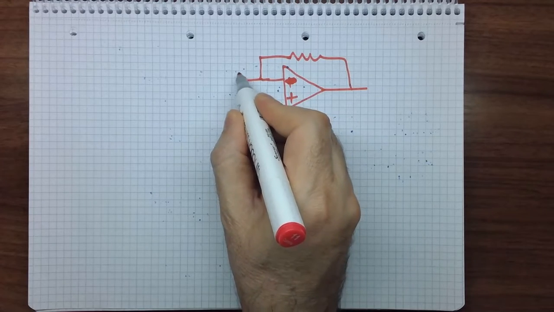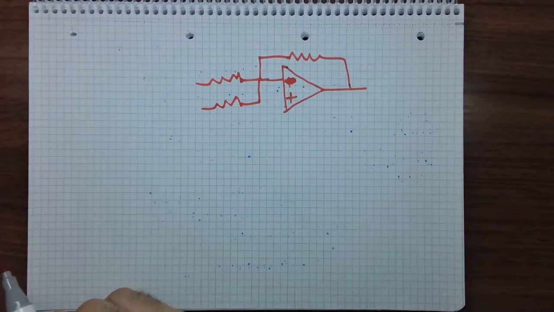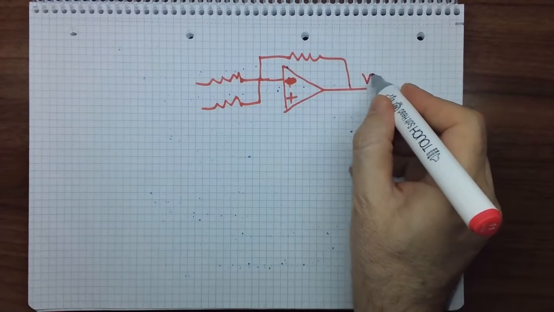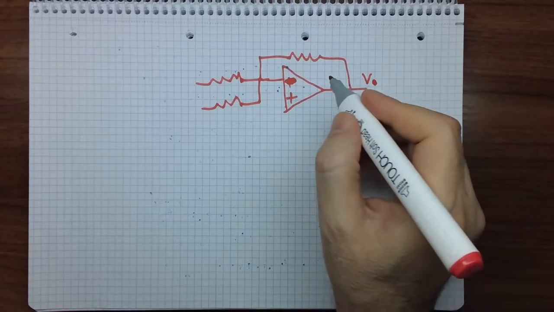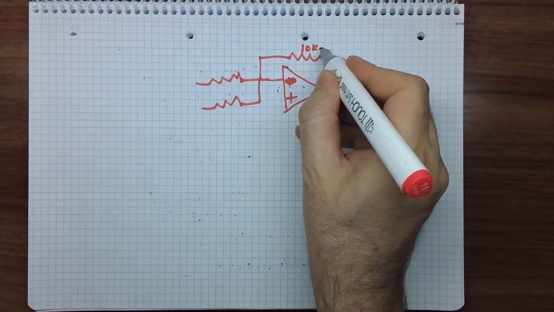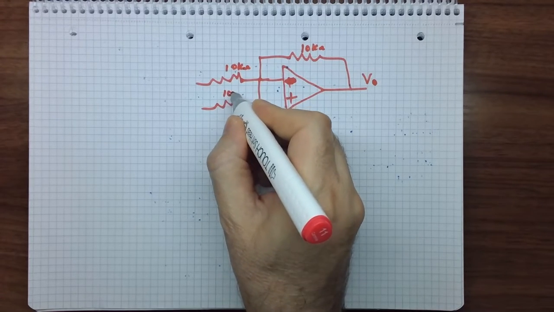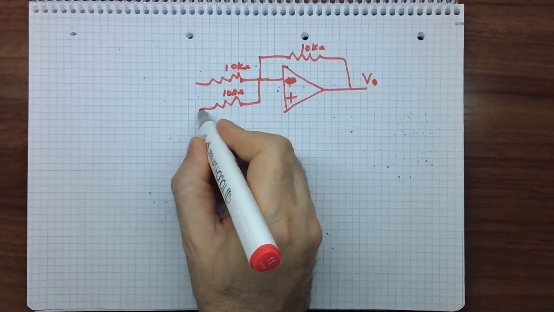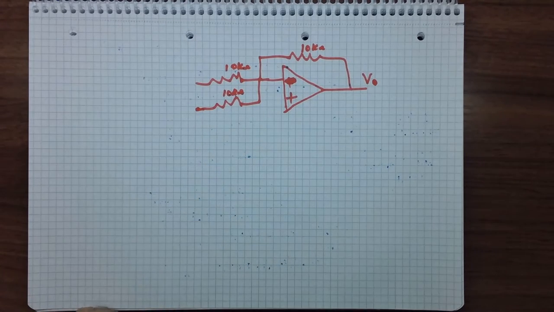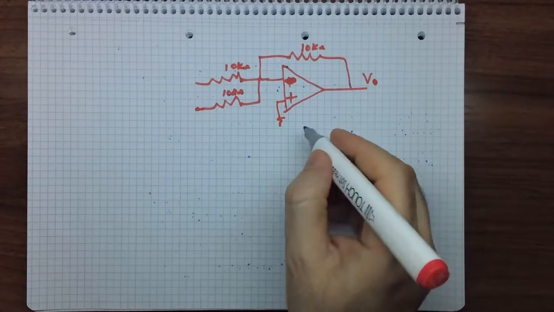This is VO. Choose the resistors all 10 kilo ohm, and here the first input of the summing amplifier, this is ground. Okay, this is the summing amplifier.